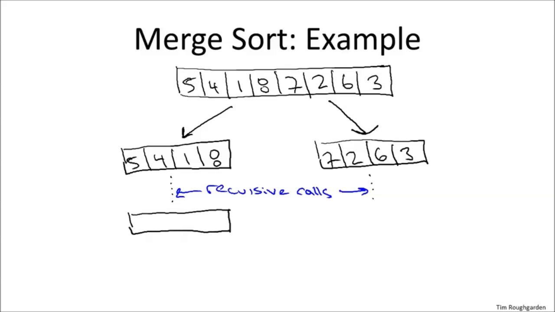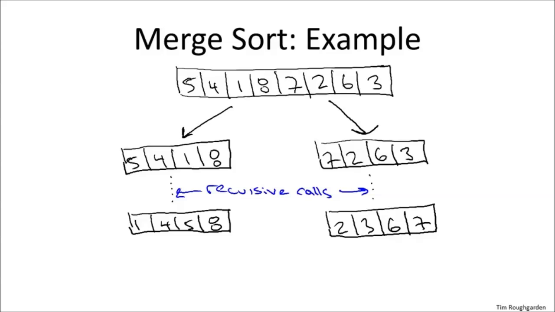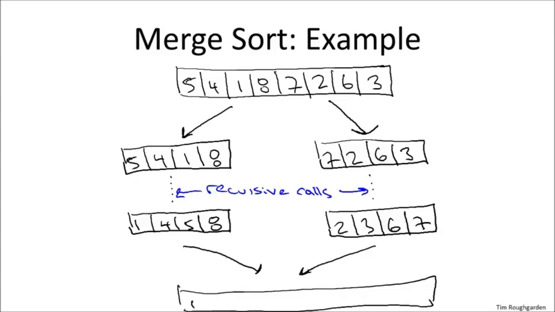So now all that remains to complete merge sort is to take the 2 results of our recursive calls, these 2 sorted arrays of length 4, and combine them to produce the final output, namely the sorted array of all 8 of the input numbers. And this is the step which is called the merge. And hopefully you already are thinking about how you might actually implement this merge in a computationally efficient way, but I do owe you some more details, and I will tell you exactly how the merge is done.